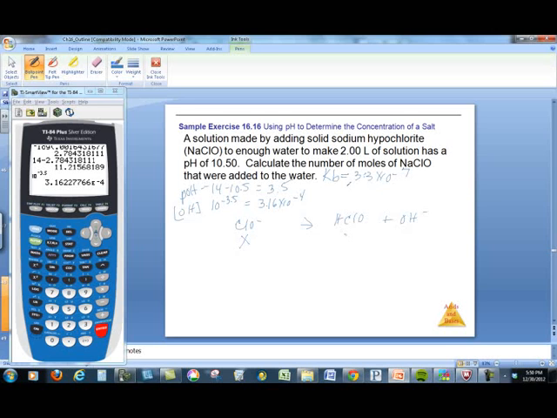What I know is I start with 0 of this, but I end up with 3.2 times 10 to the minus 4th molar of this, right? It told me that right here. And because I have one of these for one of these, I'm also going to have that much of this. Okay, so if I'm gaining that much of this, I must be losing that much here.